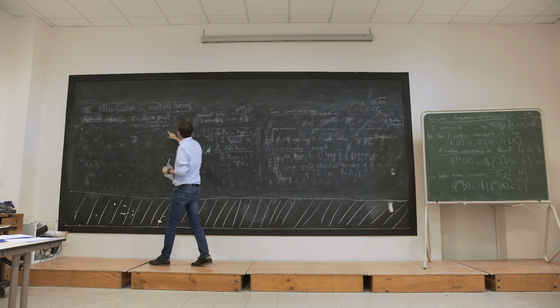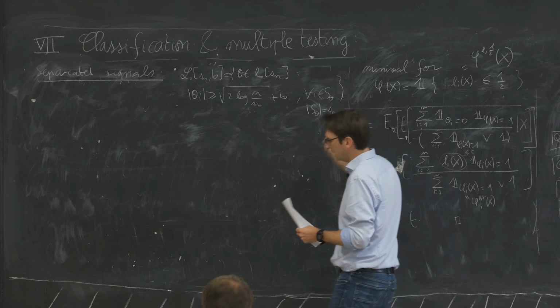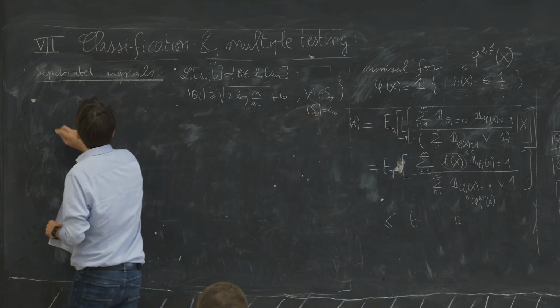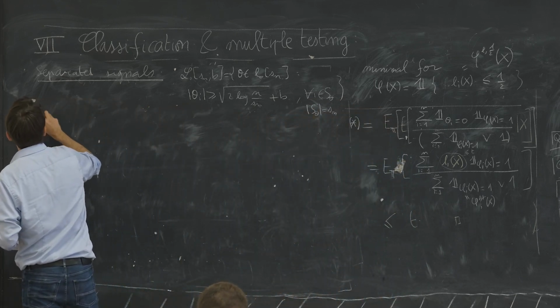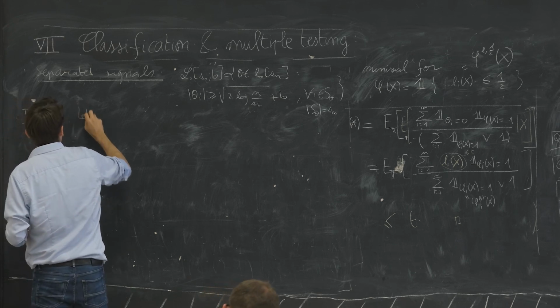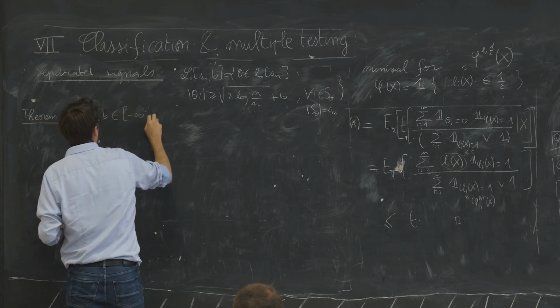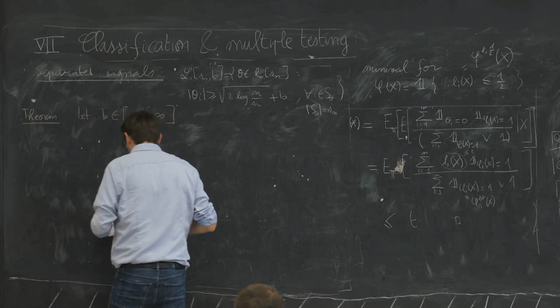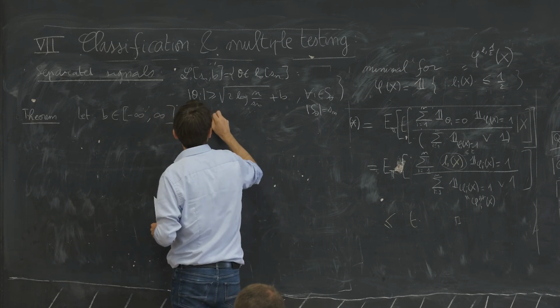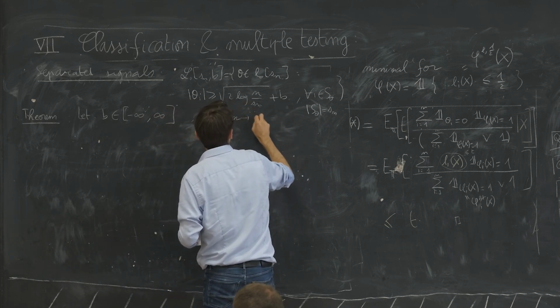And here I have a b, and the b will capture the phase transition from impossibility to possibility, as seen in the next theorem. So let b belong to the reals, and I allow minus infinity or plus infinity, in the sense that I can take a sequence bn going to plus or minus infinity.